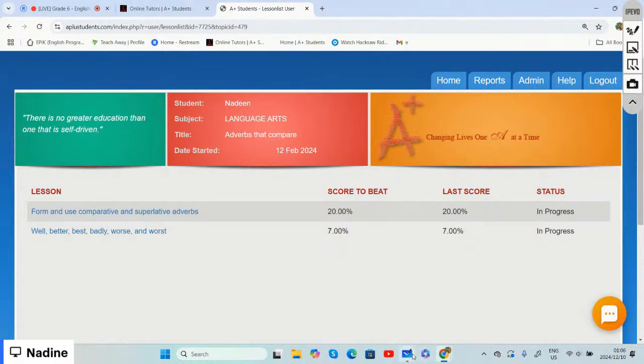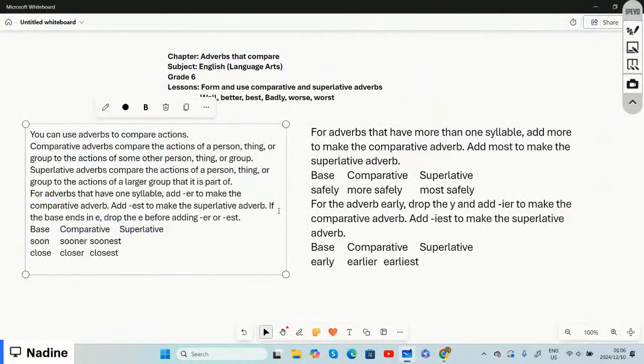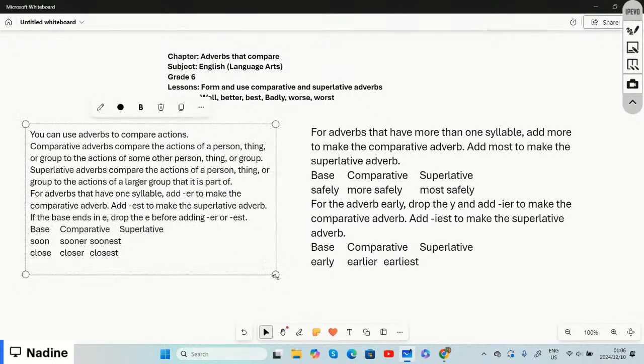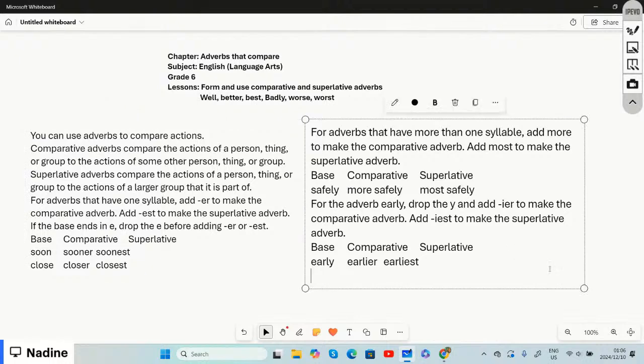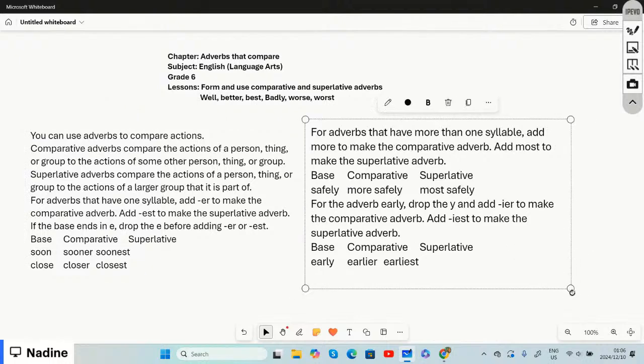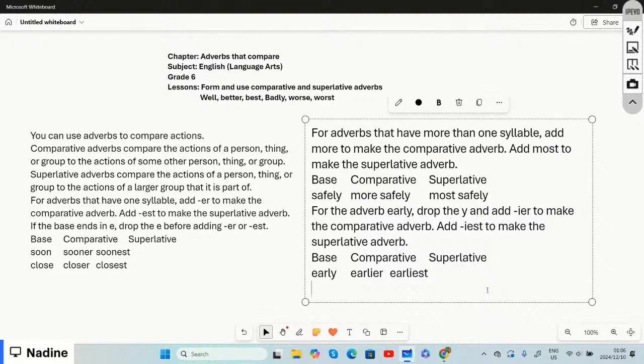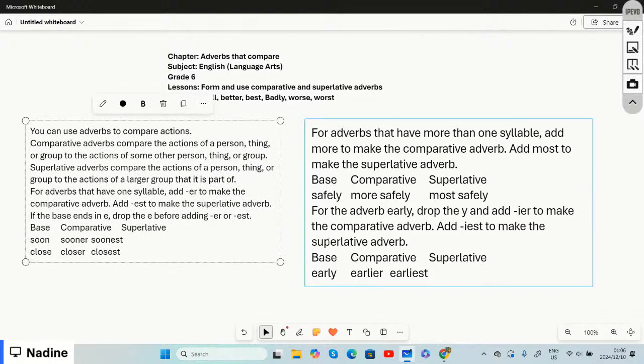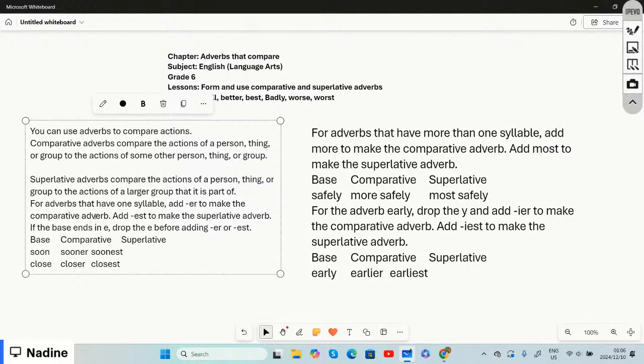All right. So we see our chapter is adverbs that compare. Our subject is English language arts. We're doing grade 6.